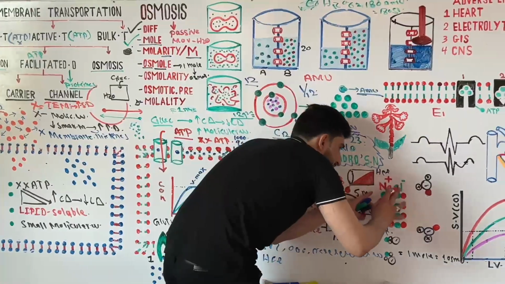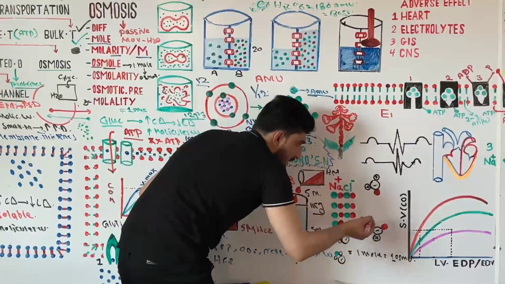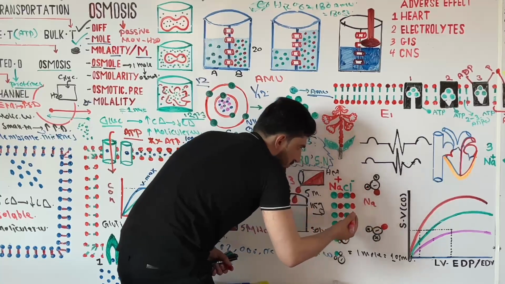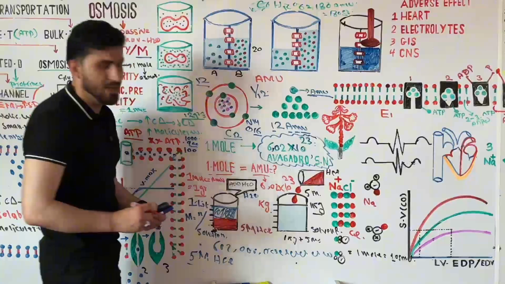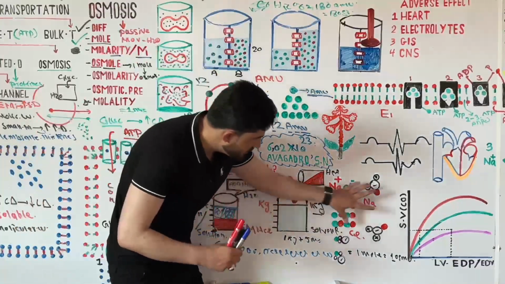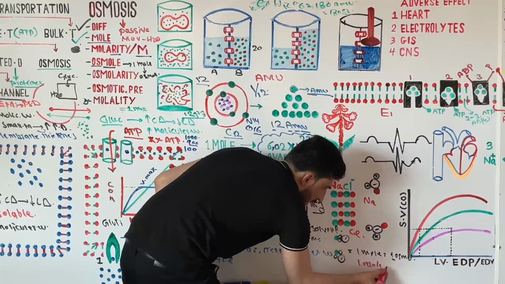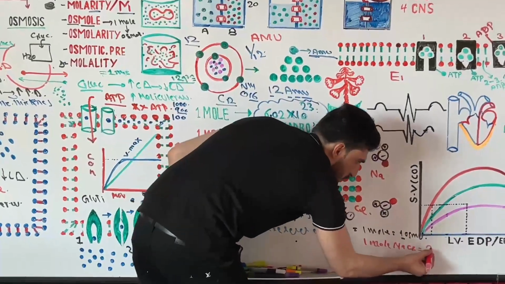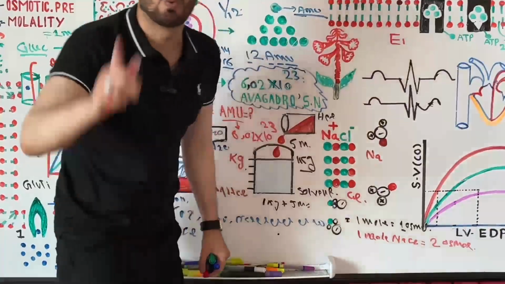When I add sodium chloride in water, they dissociate into sodium and into chloride. Okay, they dissociate into 2 parts. For example, 1 mole of sodium chloride is equal to 2 osmol. It's not equal to 1 osmol.